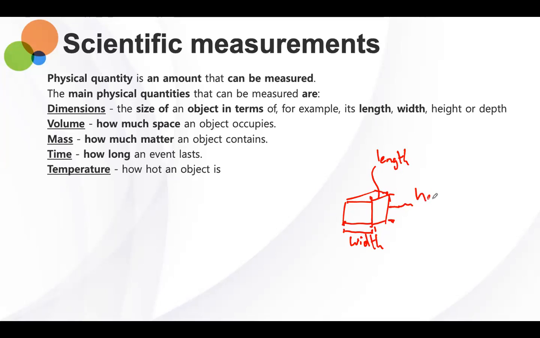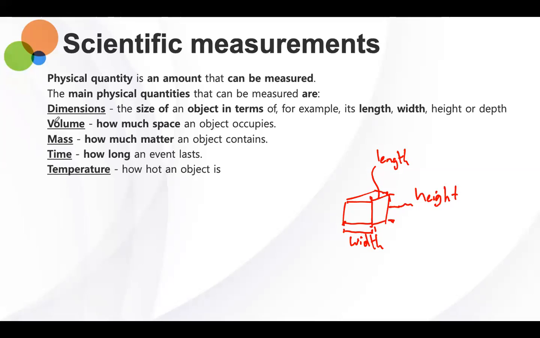So this could be our height. So these are the various dimensions of an object, right? These dimensions can be used to describe any particular object, say in your house or in school or whatever.